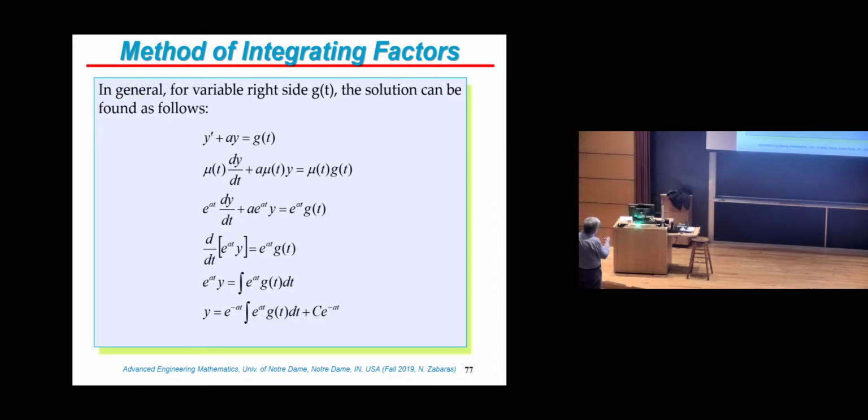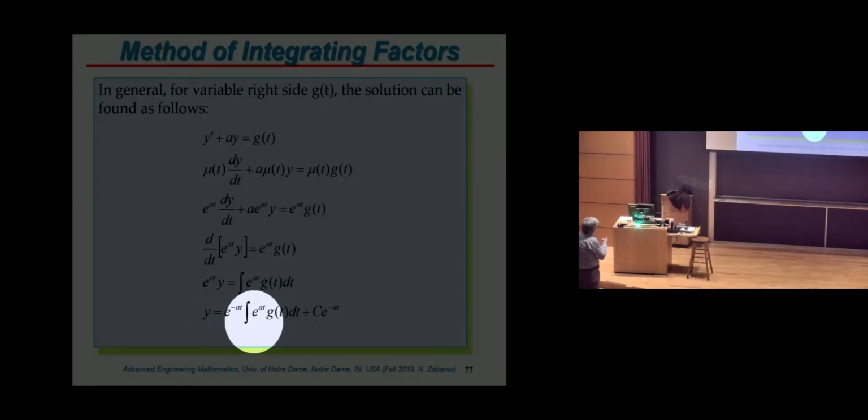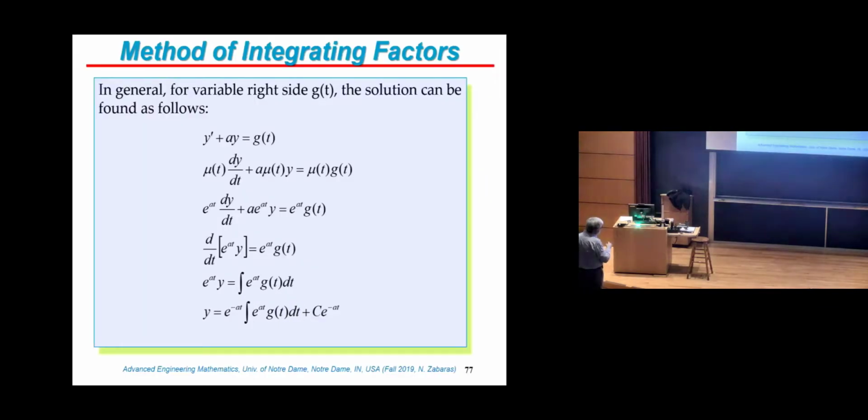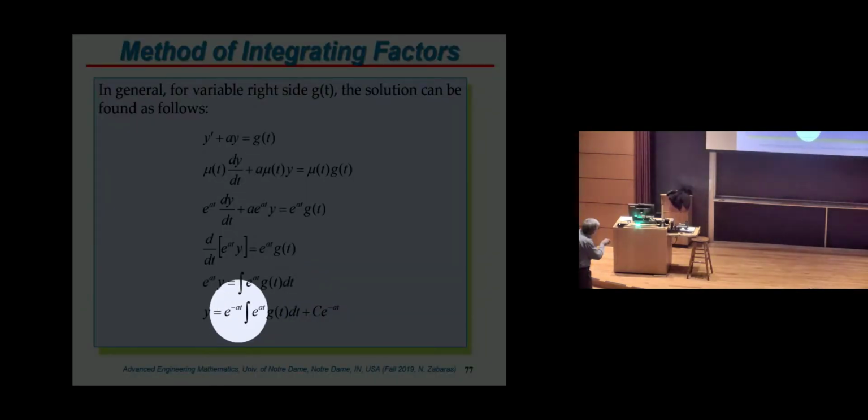Sometimes inside this integral, when you integrate this, you don't actually put t explicitly because you don't want to confuse it with the independent variable. You can put a dummy variable inside the integration. So instead of having e to the at g of t dt, you can write e to the as times g of s ds, right? Some other dummy variable, and then you can even change the limits of the integration here from 0 to t.